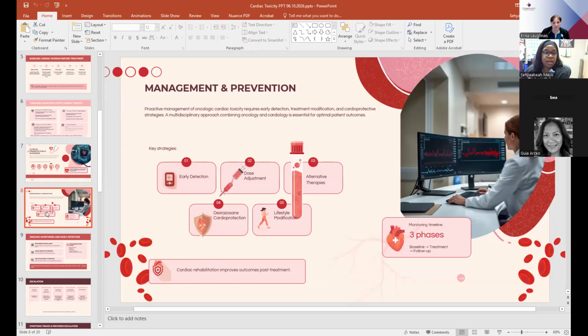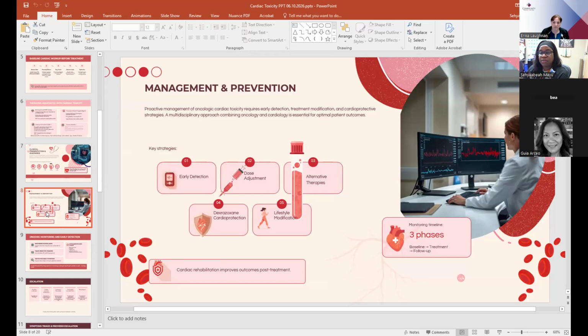More management and prevention here. Proactive management of oncologic cardiac toxicity requires early detection, treatment modifications, and cardioprotective strategies. So again, early detection, looking at their dosing and if adjustments on their treatment can be made, if there are any alternative therapies, if there are any lifestyle modifications.